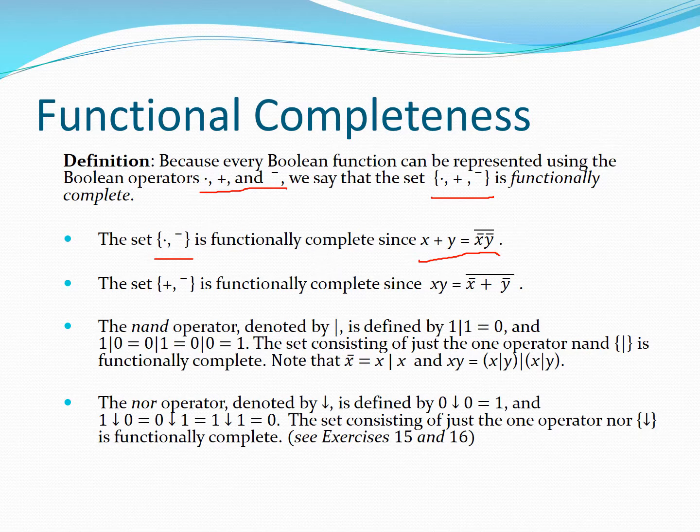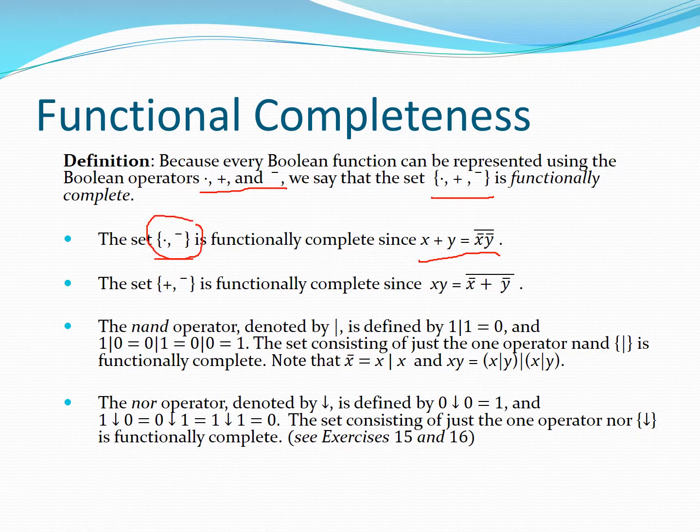So basically this tells us that you can convert an addition that occurs in any Boolean function and make it look like product and complement operators. So what we understand here is that just the product and the complement are functionally complete.